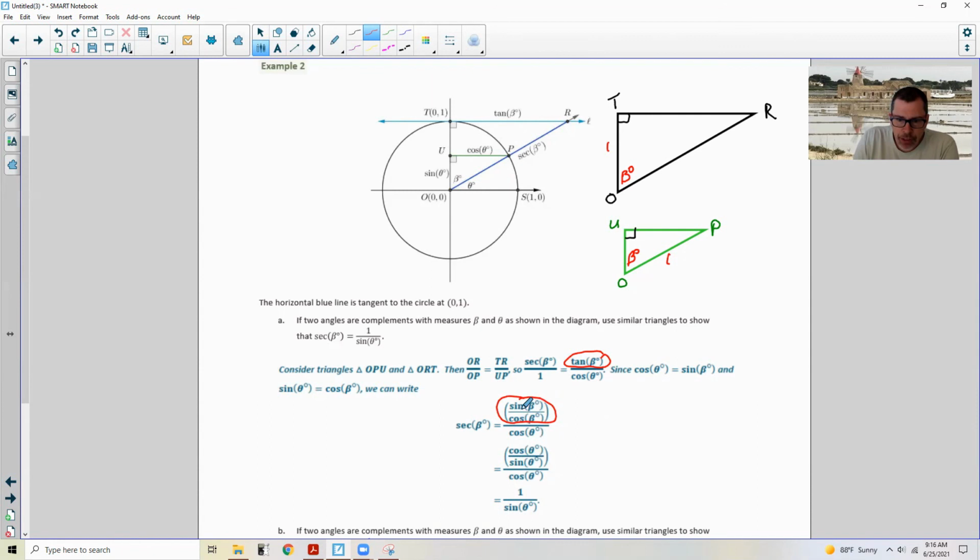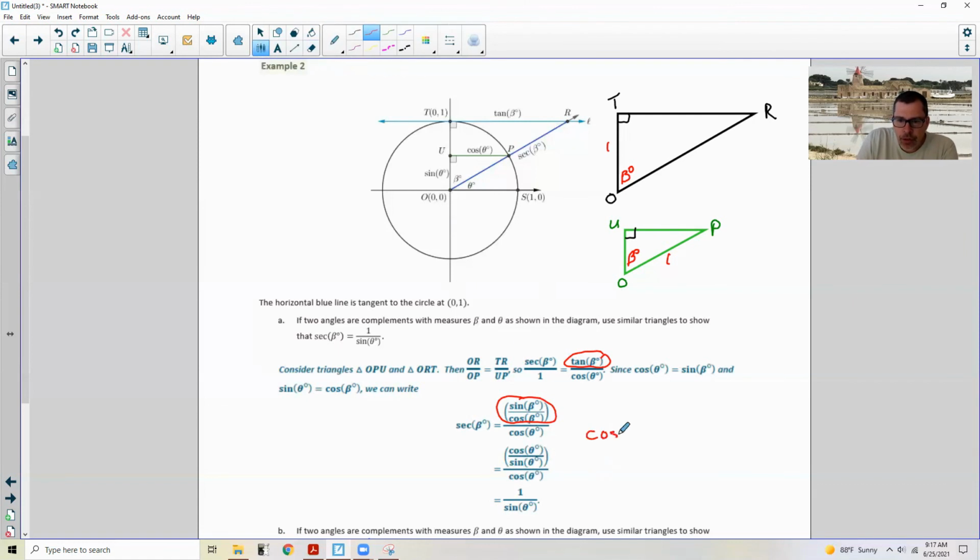So notice what happened here. We take the reciprocal, cosine went up, sine came down. And since we did that, we're now talking about theta. And that's still over cosine of theta. So what happens now is the cosines cancel. So that's what they're not showing. So if I have cosine of theta, here, let me just do it without parentheses, less writing at this point.